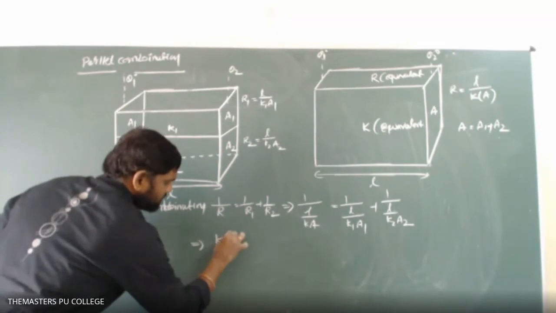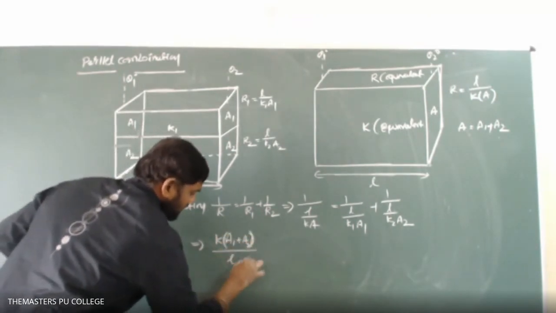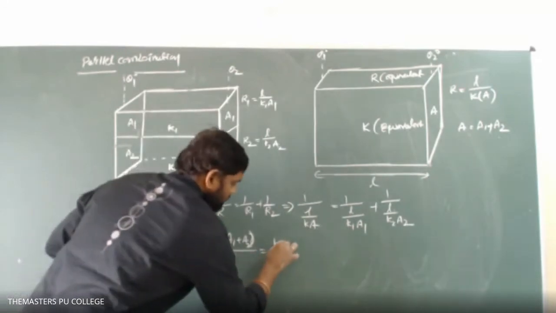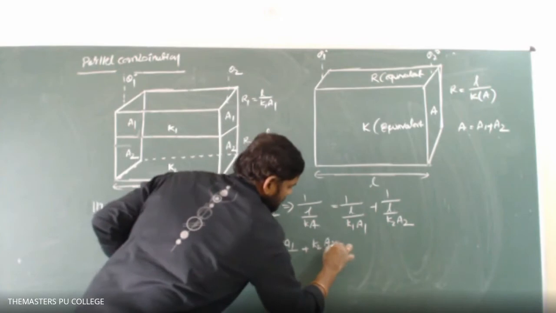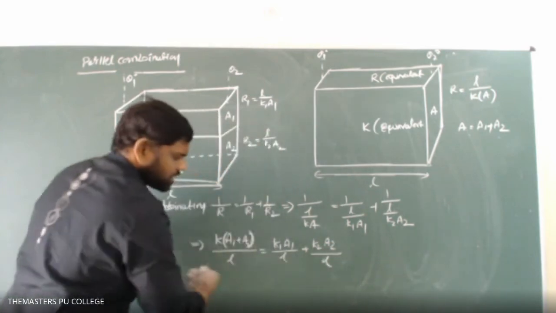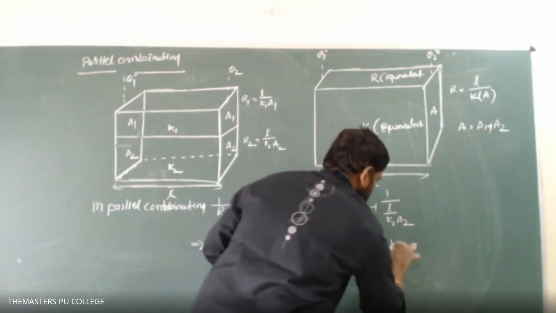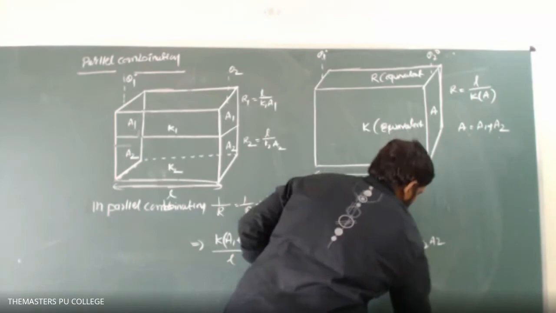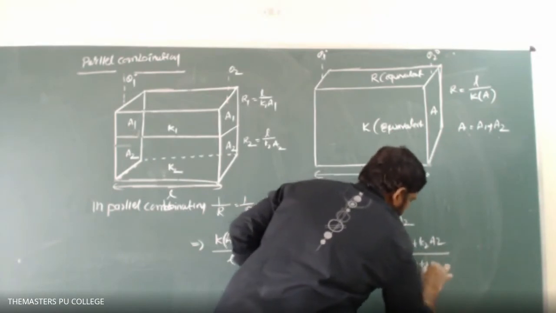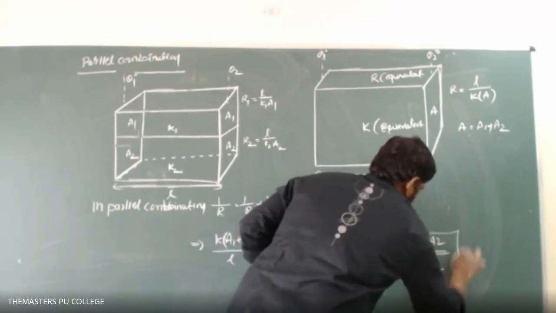Ka, I can write as a1 plus a2, upon L, that's equal to k1 a1 by L plus k2 a2 by L. L is common, cancel out. Then we get k equals k1 a1 plus k2 a2 divided by a1 plus a2. So this is the equivalent thermal conductivity.